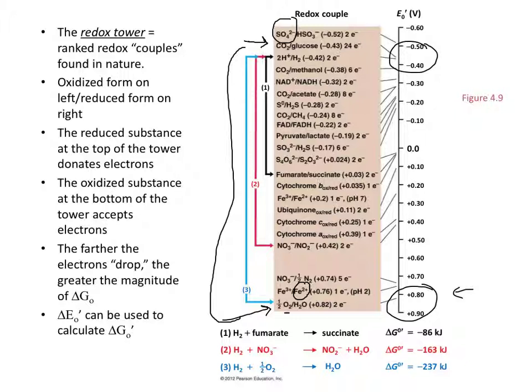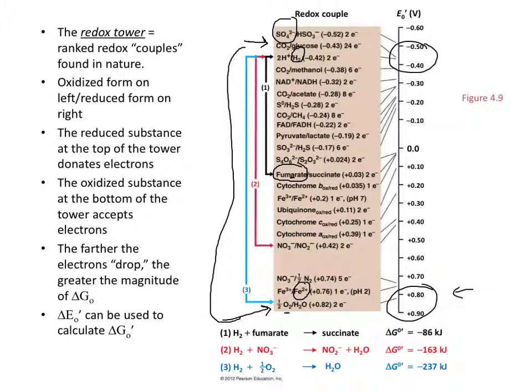Let's look at this one up here. Here we've got H2, hydrogen gas, the reduced form. It is donating electrons to fumarate, an organic molecule, as an electron acceptor. So here the donor is H2 and the acceptor is fumarate. There's a very large, very positive delta E value associated with that electron drop, and therefore that's a really good way for a microbe to make a living.